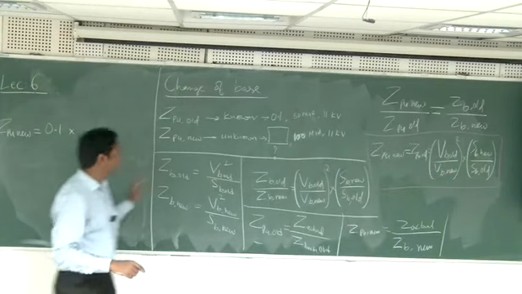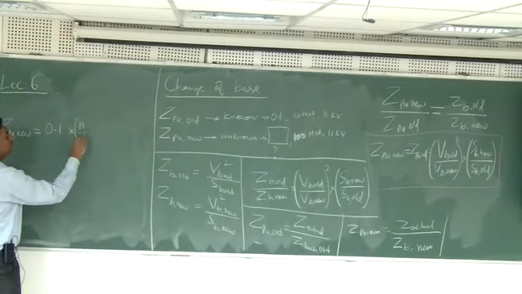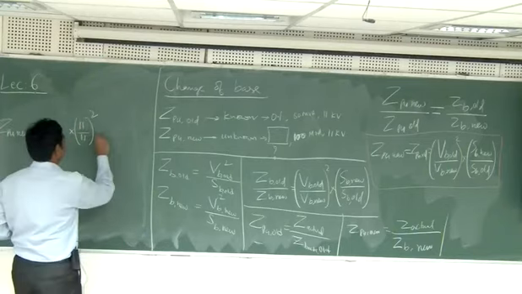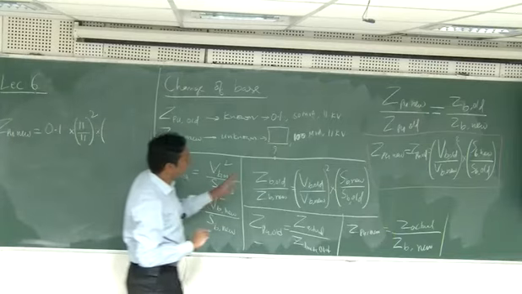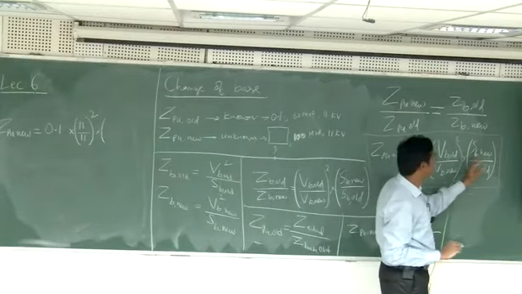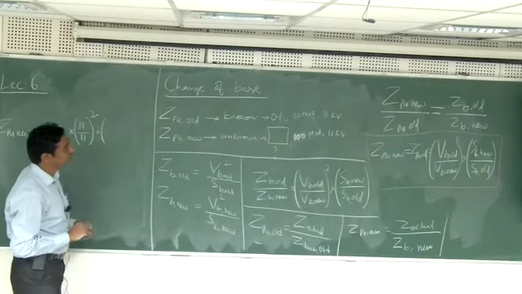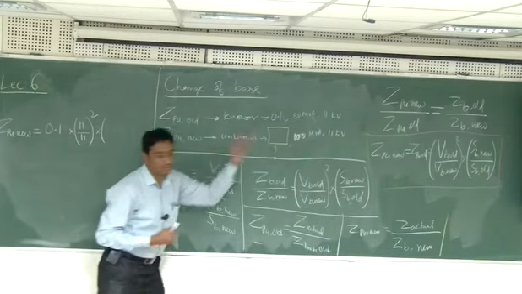In our case, we don't have a problem: 11 kV by 11 kV, square. So k will get cancelled, 11 by 11 square. So that one we don't have to worry. Now I have to take S base new by S base old. So what is S base new? 100.